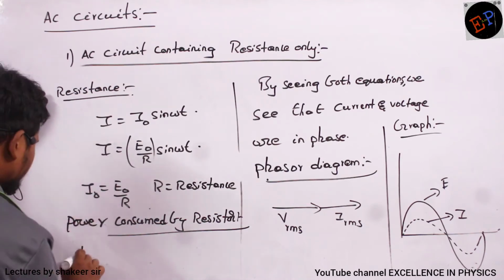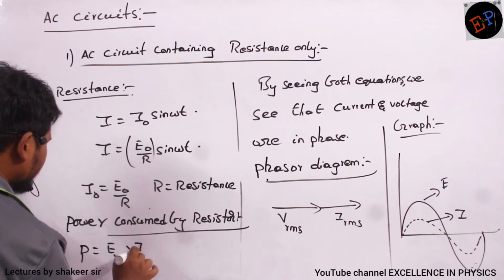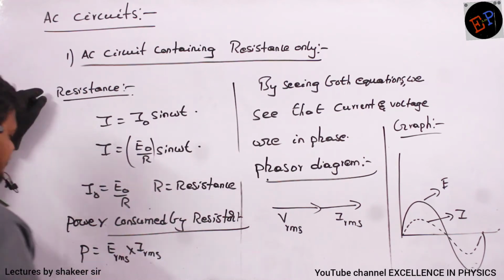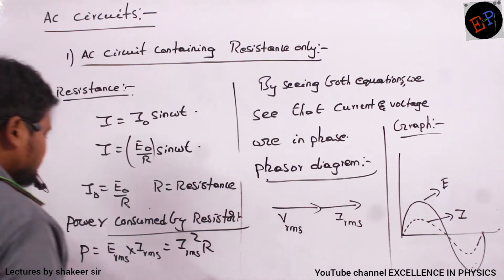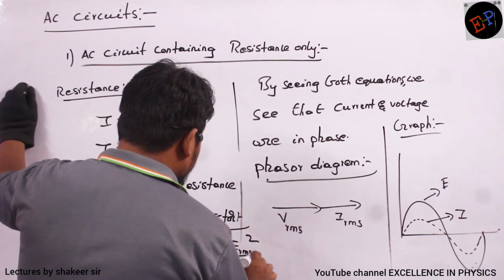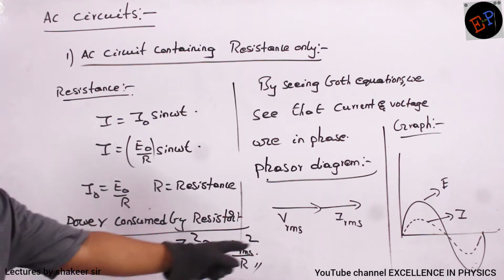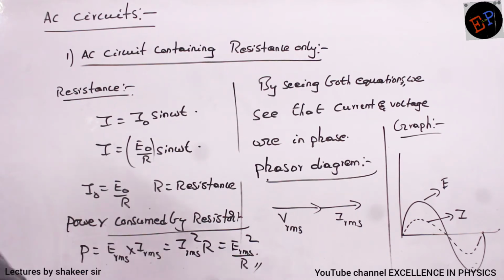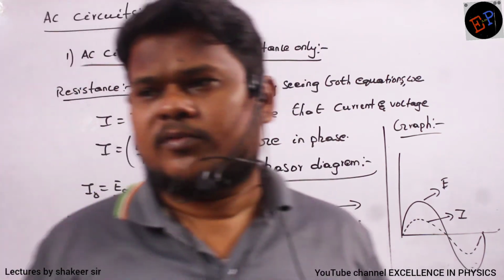So power consumed by resistor is equals to ERMS multiplied by IRMS is one equation. IRMS square multiplied by R, this is another equation. ERMS square divided by R, this is another equation. So these are the three equations of power consumed by the resistor. Anyone you can use according to your necessity. According to your need, you can use whichever you like freely.